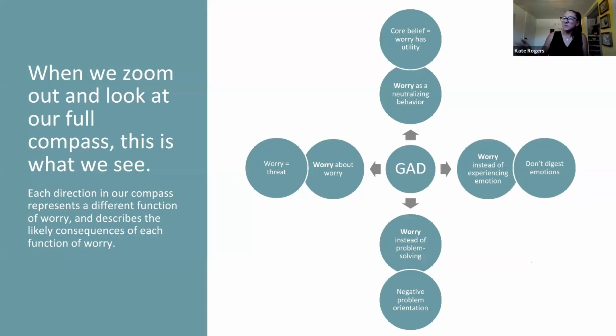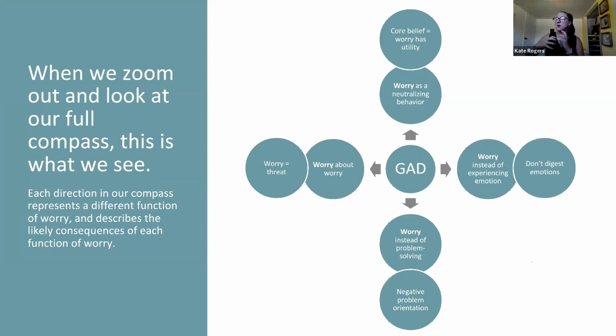For the east here, worry, instead of experiencing emotions, we're not digesting those emotions, and we're seeing that overflow of emotions. These are people that present as really highly anxious, really keyed up, restless, twitchy, pacing. To the south, we see that worry, instead of problem solving, leading us to that negative problem orientation, the belief that problem solving doesn't work, at least not for me.